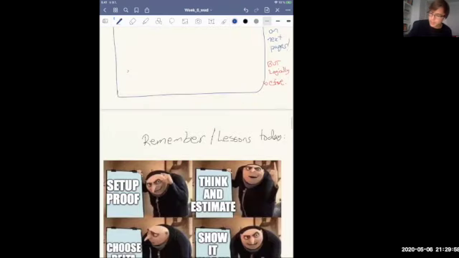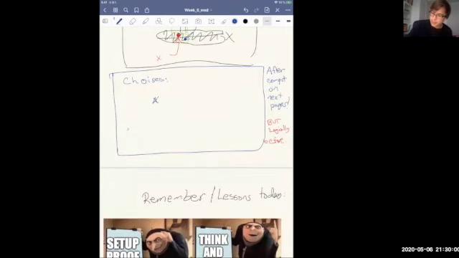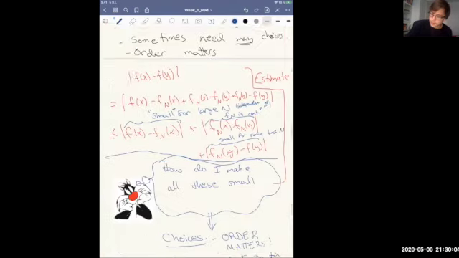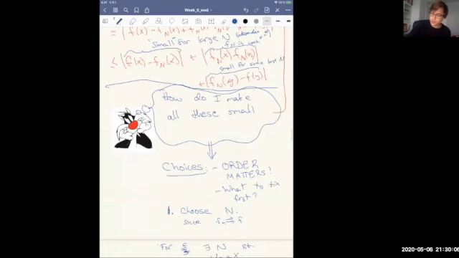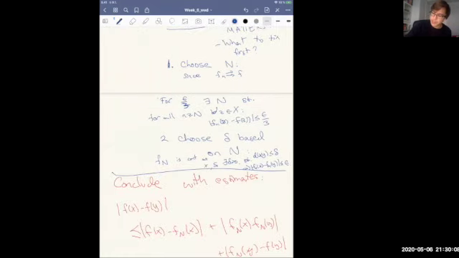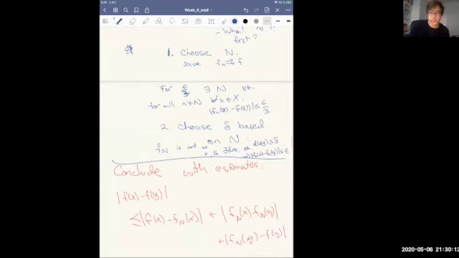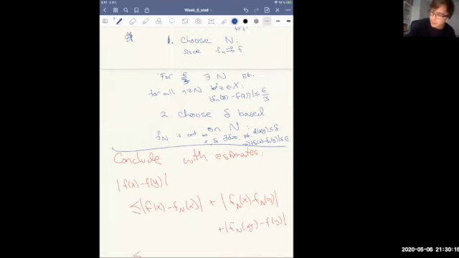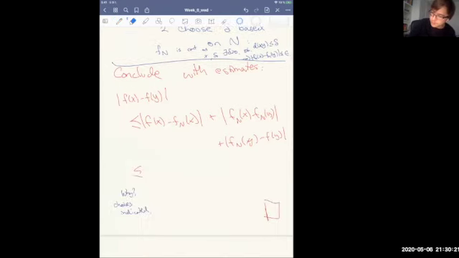Okay, so the choices that we make are actually done here. So I won't repeat them, to save a little space. So we choose n, we choose a delta. And now what we have to show is that the estimate works. So we conclude with the estimates that all is fine.